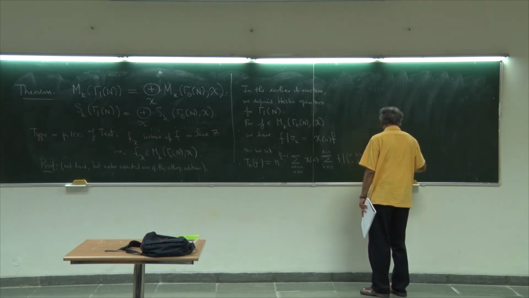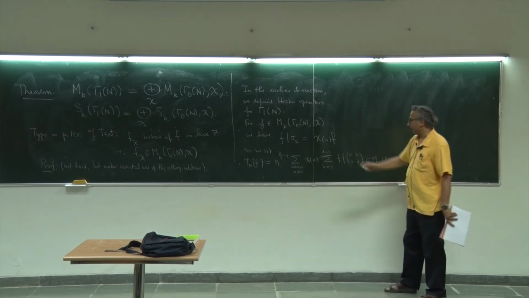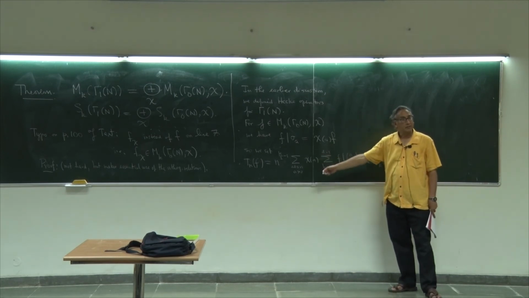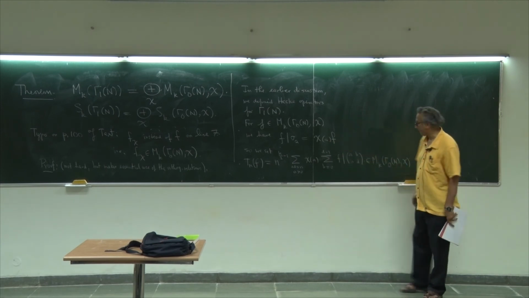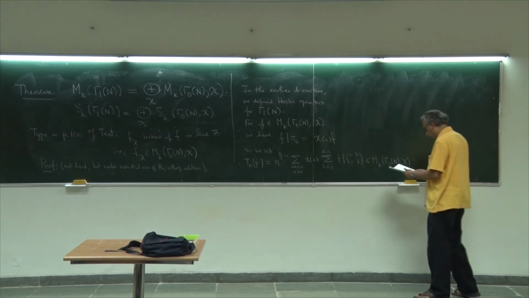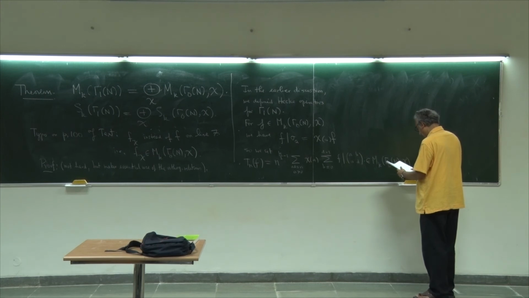So what you have to do is show that when I take T_n of f and slash it with an element gamma, it equals chi or psi of gamma times f, the way I defined it. So that's point number one.